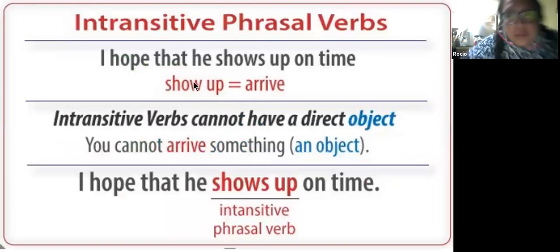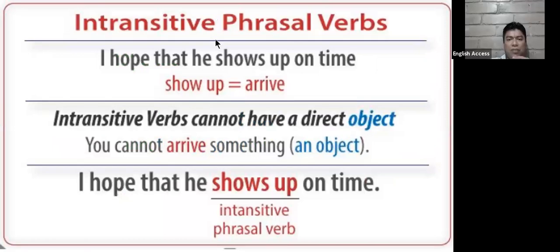Transitive and intransitive. I hope that he shows up on time. Show up is arrive, or attend the date, the class, the conference or the meeting. Intransitive verbs cannot have a direct object. You cannot arrive something.